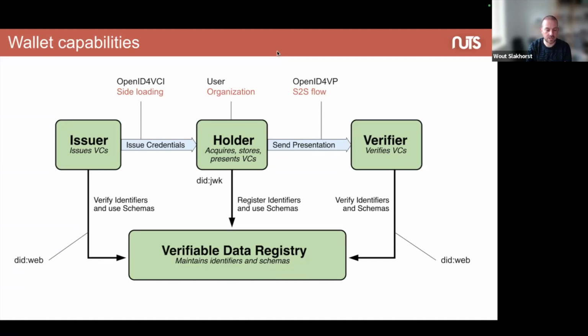So the verifiable data registry, which previously was also done by the NUTS node, is now simpler because we mainly focus on DID web, which just uses simple HTTPS traffic REST calls to get the DID document. Ideally, JSON web key can resolve itself, so no infrastructure is needed there.